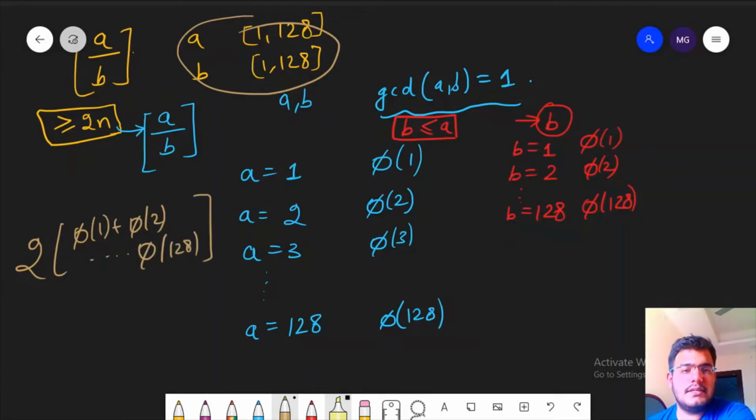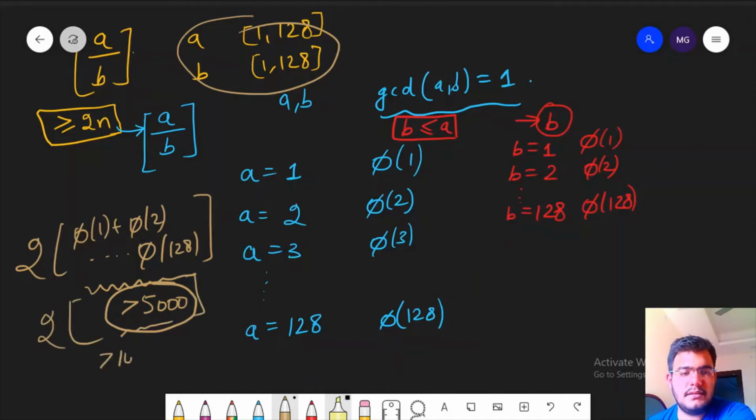Now if you calculate this particular term, phi of 1, phi of 2 till phi of 128, it comes out to be something greater than 5000. I am not taking the exact value, but you can calculate it on your own. It comes out to be greater than 5000, and 2 times this particular number comes out to be greater than 10,000, which is clearly greater than the 2n queries which we require, because the value of n here is 4098 only.